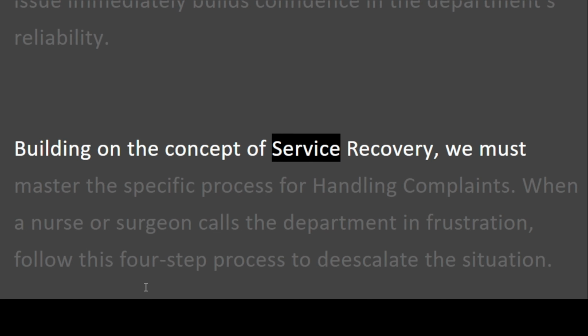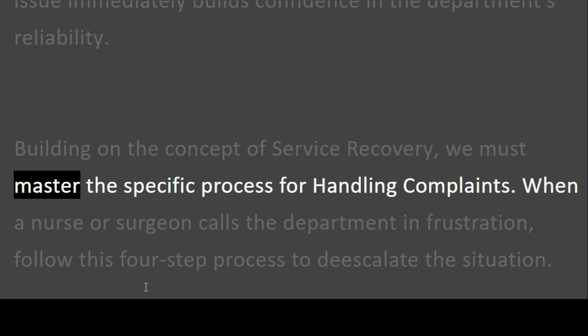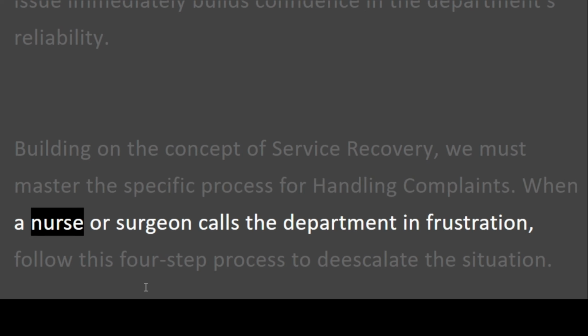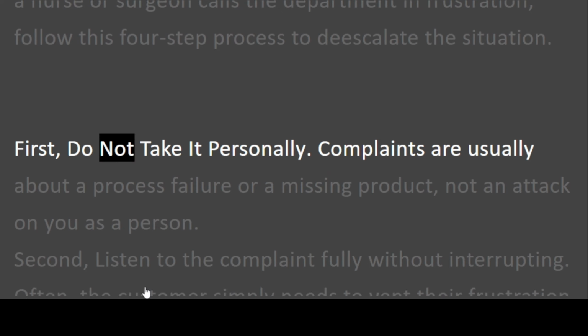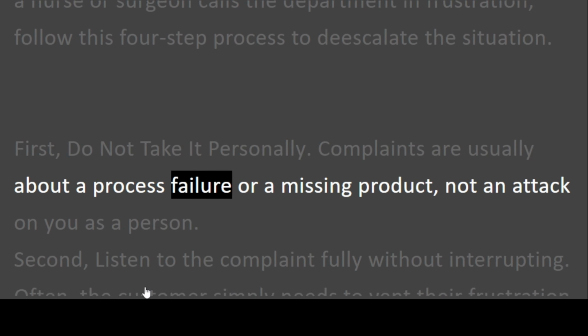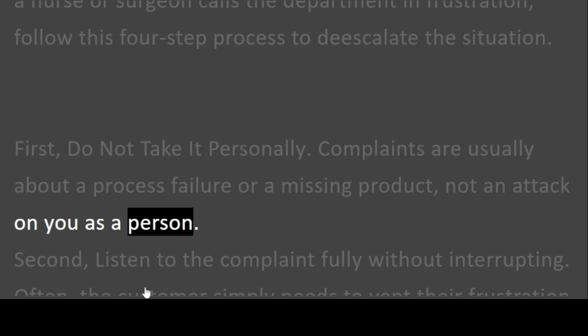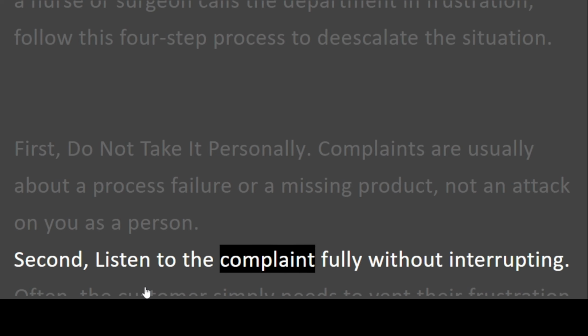Building on the concept of service recovery, we must master the specific process for handling complaints. When a nurse or surgeon calls the department in frustration, follow this 4-step process to de-escalate the situation. First, do not take it personally. Complaints are usually about a process failure or a missing product, not an attack on you as a person. Second, listen to the complaint fully without interrupting.